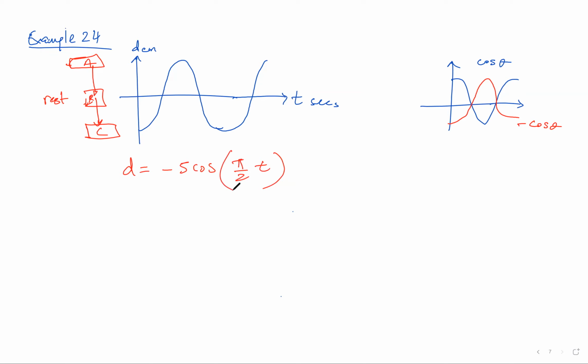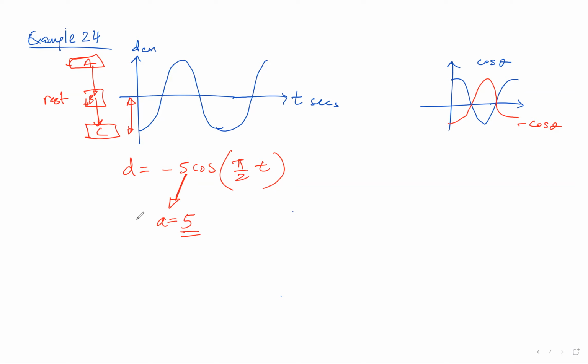How far is C from B? So from here to here, what is the distance? They're asking you the distance from here to here, which is basically your amplitude. Your amplitude is 5. That's it. Simple, right?